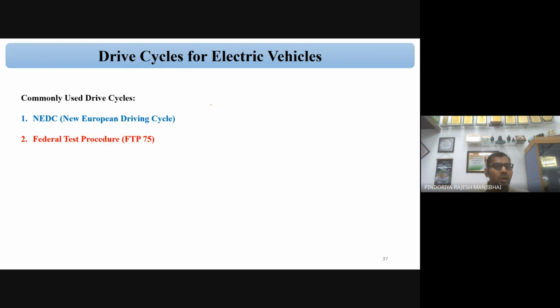Commonly used drive cycles are of two types: first, the New European Driving Cycle, and second, the Federal Test Procedure, FTP 75. Normally we use these two types of driving cycles. So you have to use the Federal Test Procedure in MATLAB Simulink.